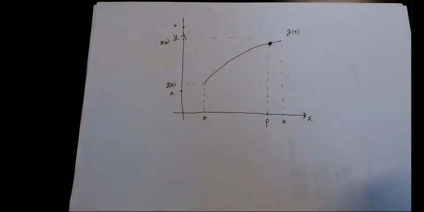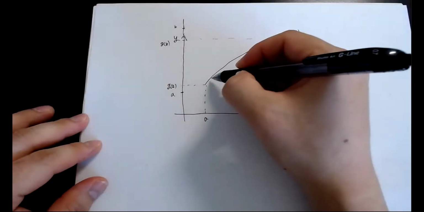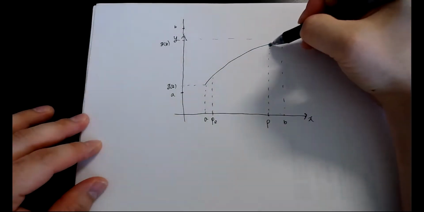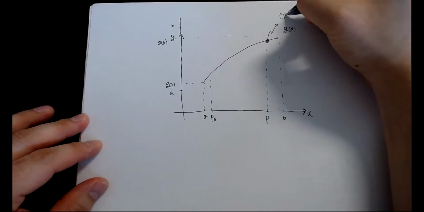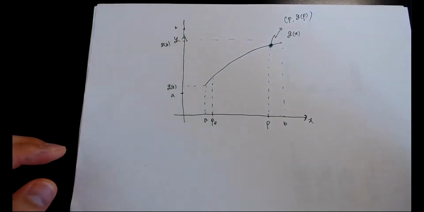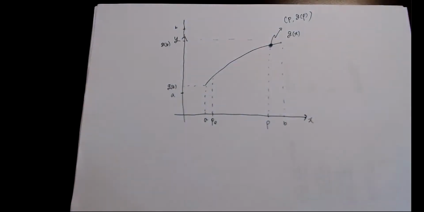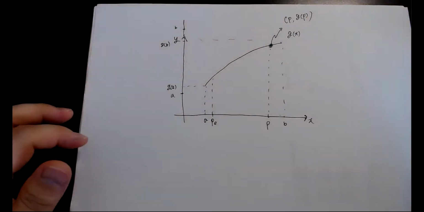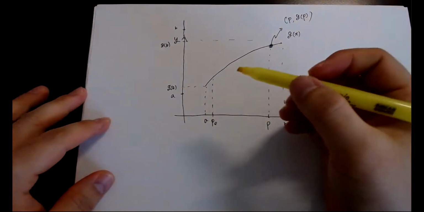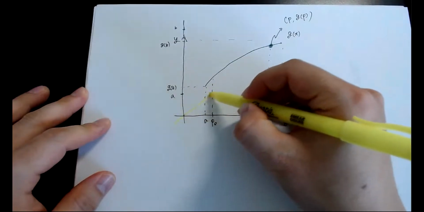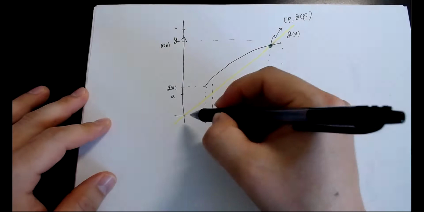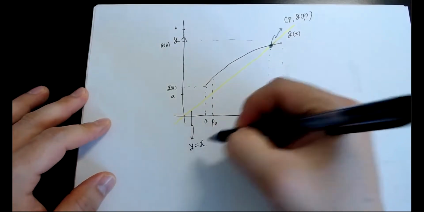So starting from the initial approximation, let's say p0, starting from here, there's p0. By the way, the coordinate at that point is p0 comma g of p0. So this point must pass through the linear function y equals x, right? So let me plot the graph of the linear function y equals x. It must be like this. That's the graph of y equals x right here.